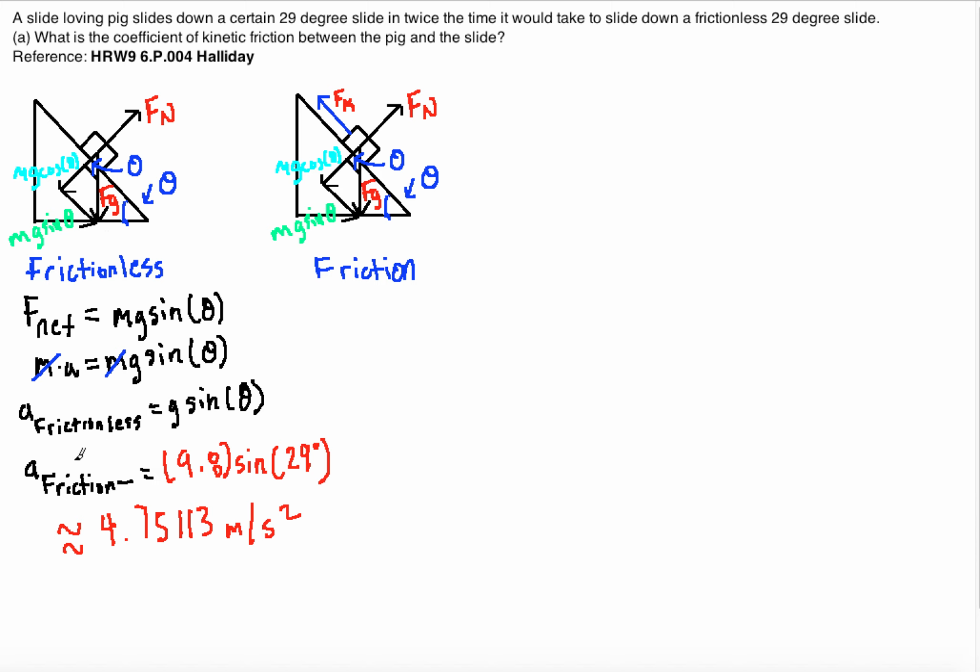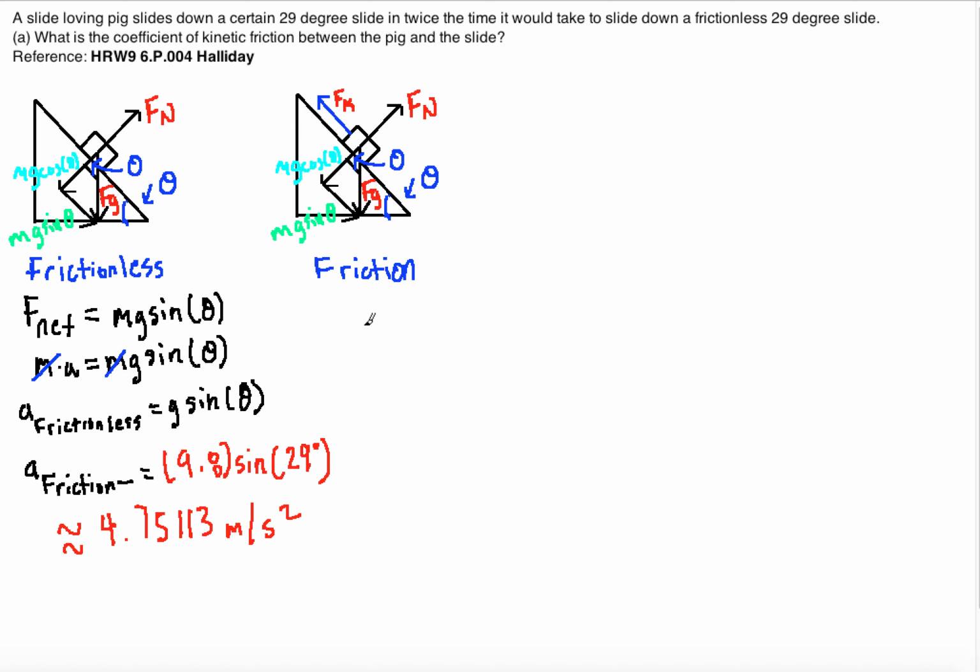But they're asking us for the coefficient of kinetic friction, which comes from the frictional system. So how do we start off solving the equations in this friction system? Well, we're given a key piece of information in the title, and that is that it takes twice the time to slide down the friction slide as it does the frictionless slide.